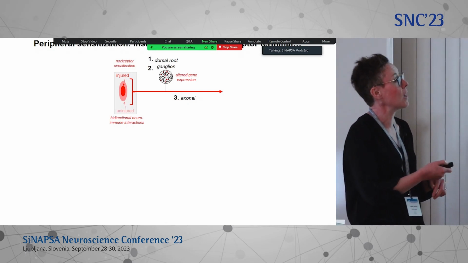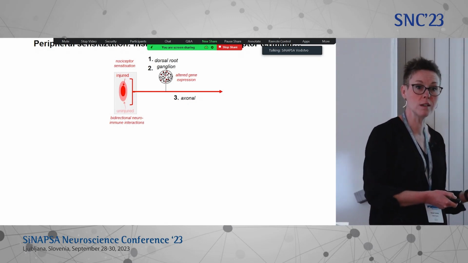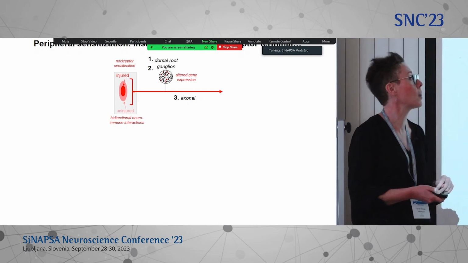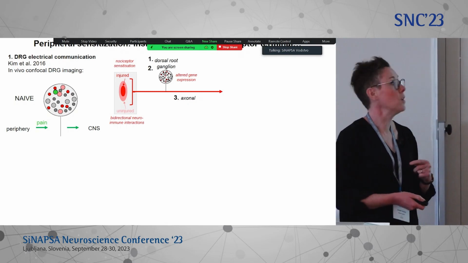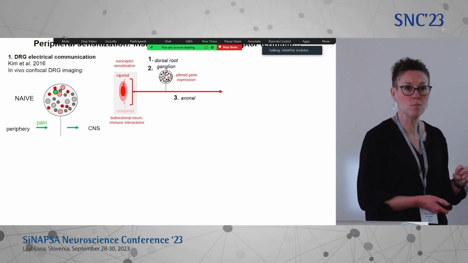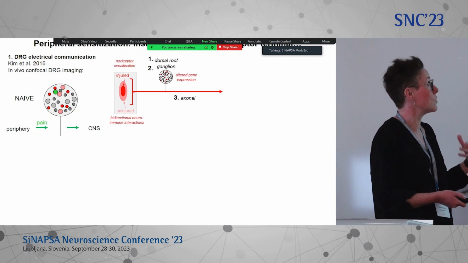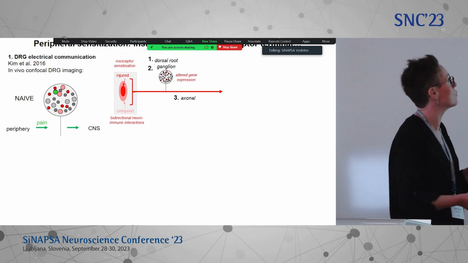There's evidence for regulation, both at the level of the dorsal root ganglion and also at the level of the axon. So using in vivo confocal imaging in the DRG, the Dong group has demonstrated that, or discovered, that there is electrical communication in the dorsal root ganglia.